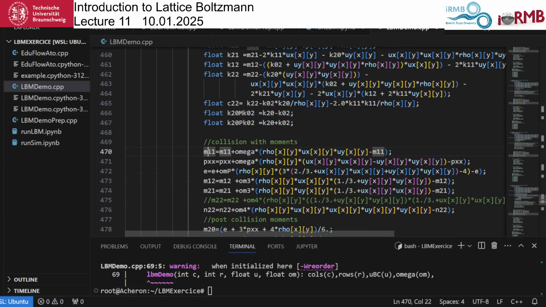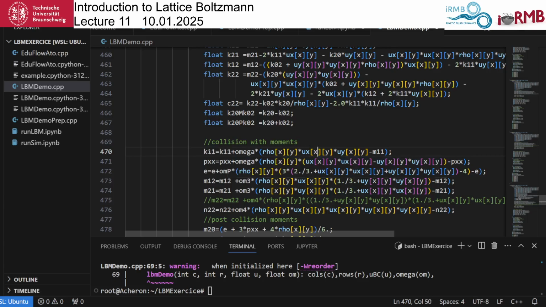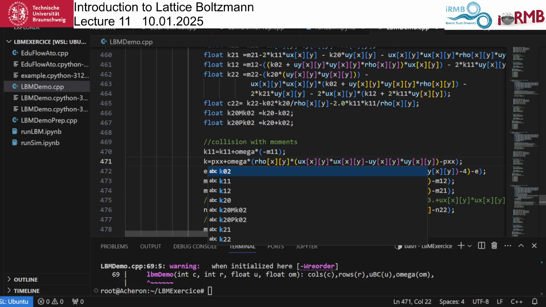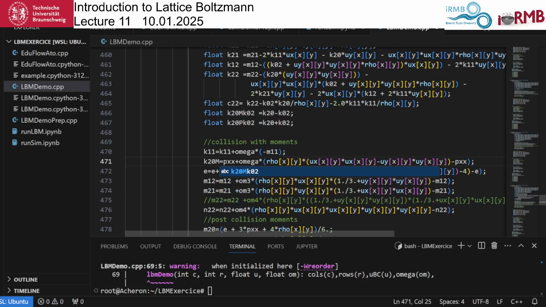Now we want to relax these guys. So the second order, the cumulant and the moment is the same. Just that, as you noticed, the equilibrium here will disappear. So this guy here is now actually becoming K20 minus K02, and this is again K20 minus K02, still omega.